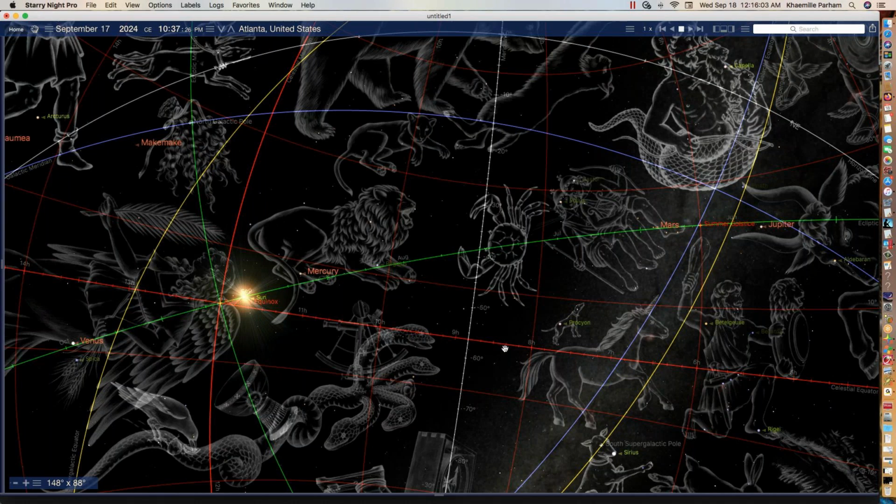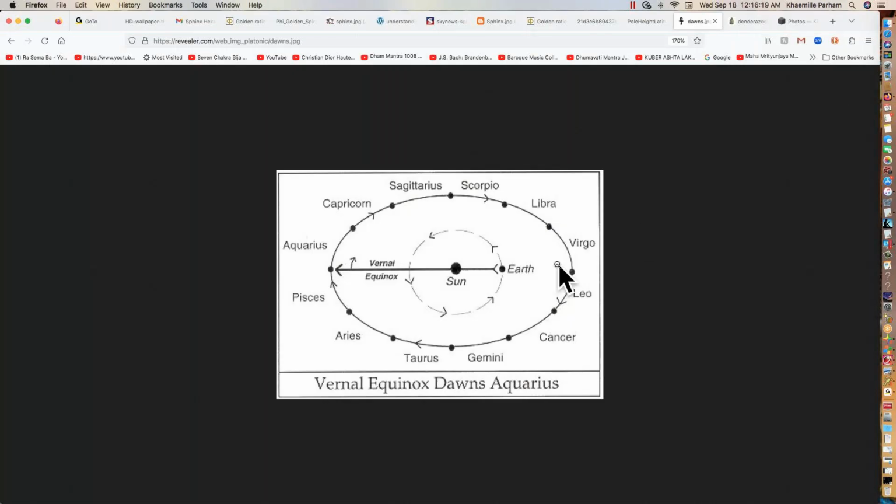So now let's make sure we've covered everything about the Sphinx, the main things that we'll touch on today. We discussed the age we're in, and here we see the Sphinx stares at the vernal equinox, spring, first day of spring sunrise. You want to ask, what constellation is the Sphinx staring at?